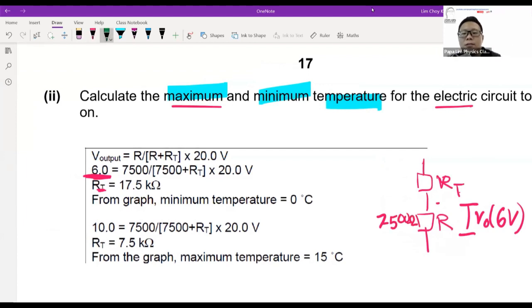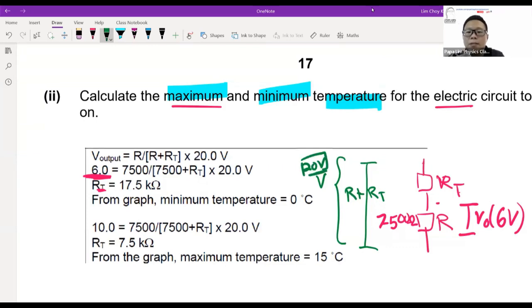Based on the potential divider, this amount of resistance, your R plus RTH, will also control a certain amount of potential, and this potential we know is 20 volts.